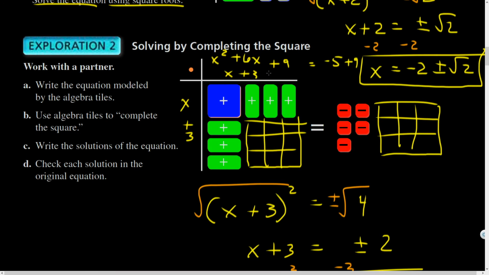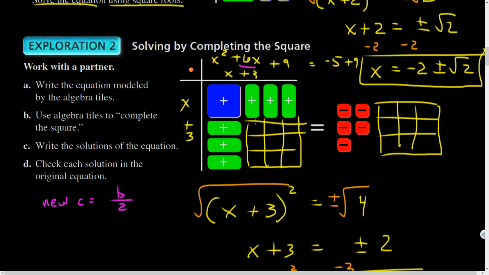And now to figure out what do I add to both sides, well, where did this 9 come from? It turns out there is a relationship that the new c term is equal to b divided by 2, squared. 6 divided by 2, I got 3 here, so I got half of it.